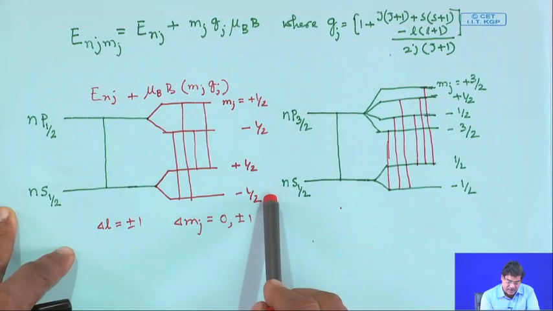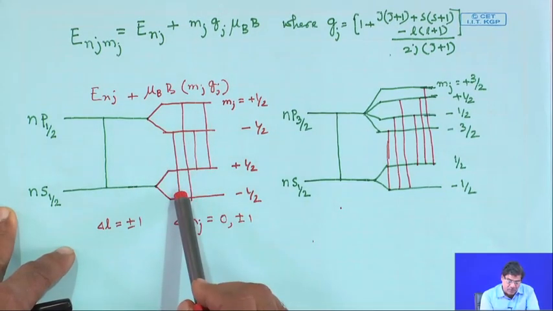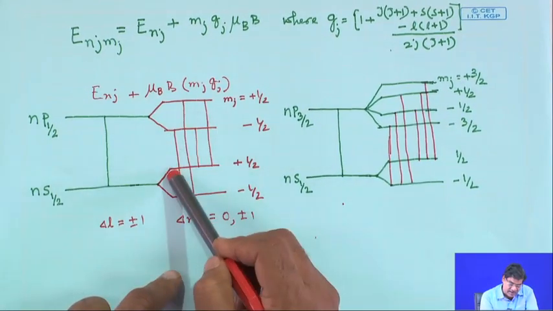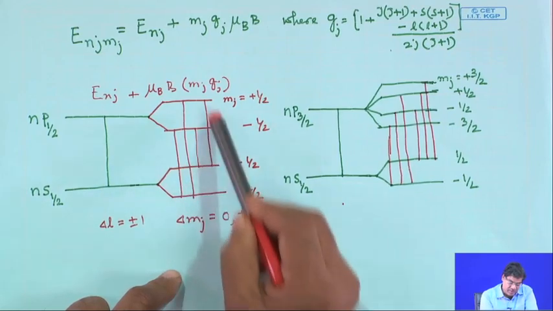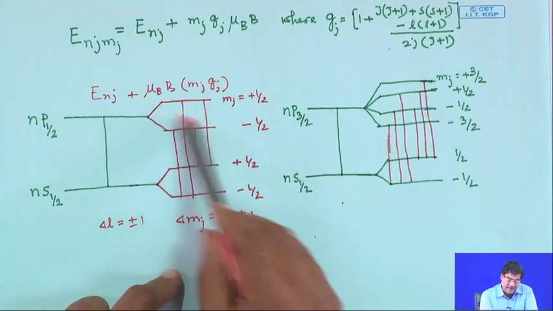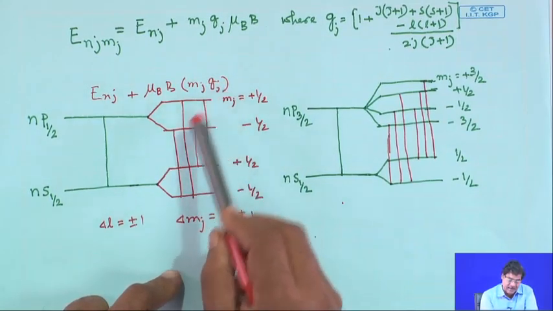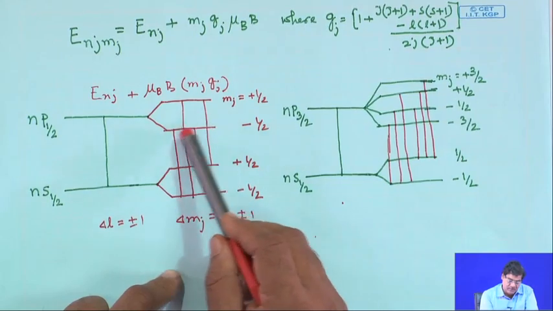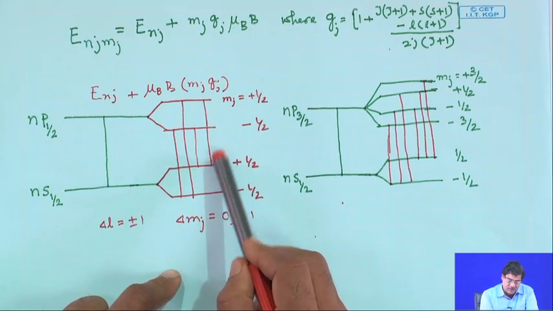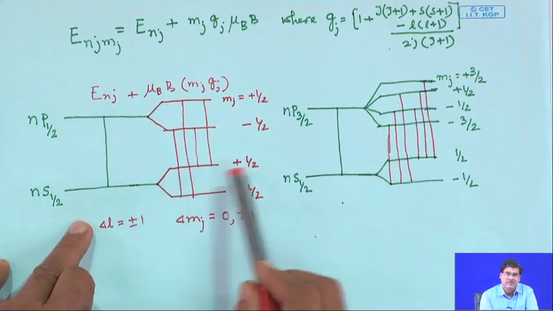Due to asymmetric splitting, all 4 lines we will see; if it were symmetric, the energy of this could be the same as the energy of this one. But due to the g_J term it is asymmetrically split, so the energy of this one will be different from this one. So from one line we get 4 lines.